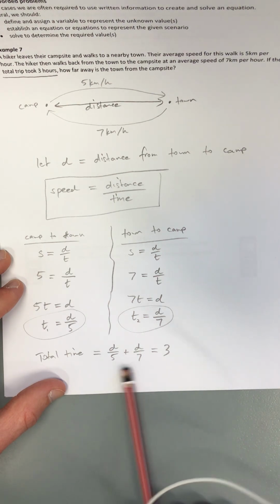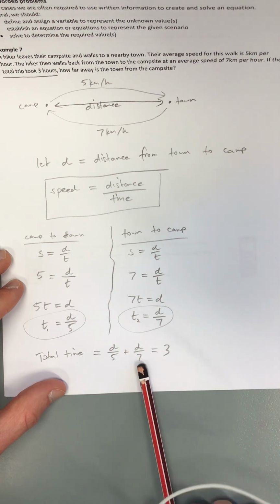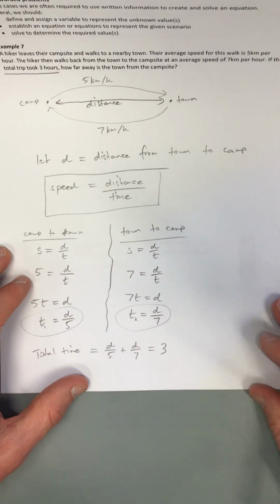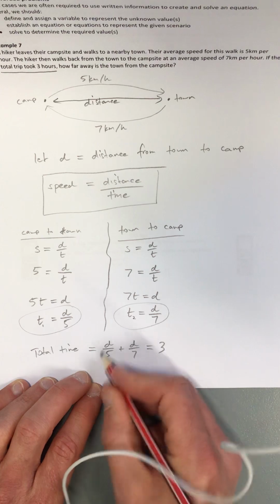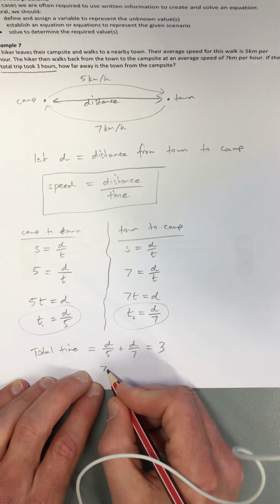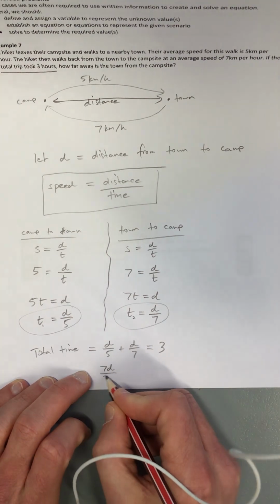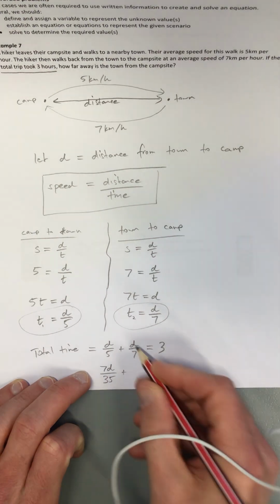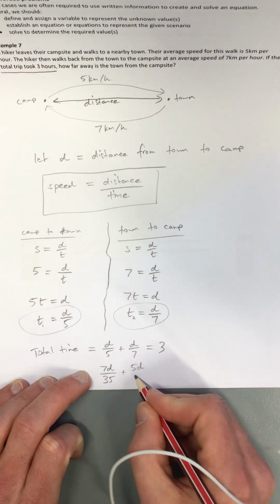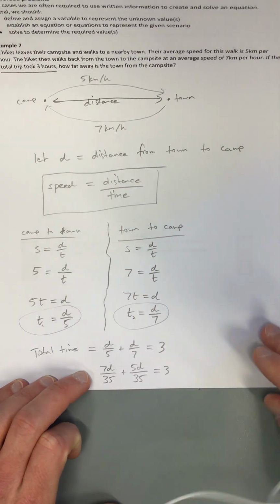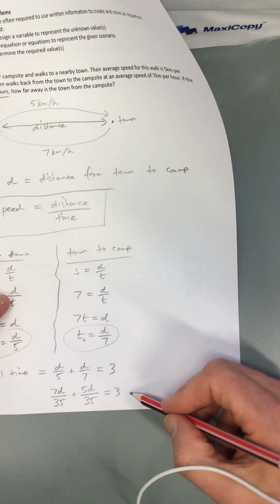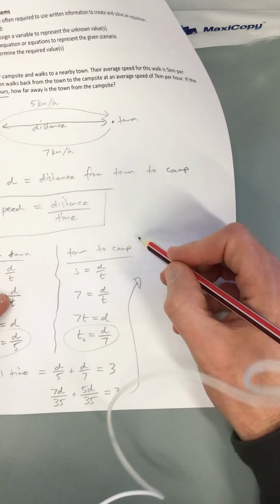We've got, again, fractions being added together with different denominators, so let's put them both over the lowest common multiple, which is 35. So if we're going to make the first fraction be over 35, we need to multiply top and bottom by 7. Second fraction, we're multiplying top and bottom by 5. Still have equals 3 here. I haven't used my page very well, but let's just move this up to there.